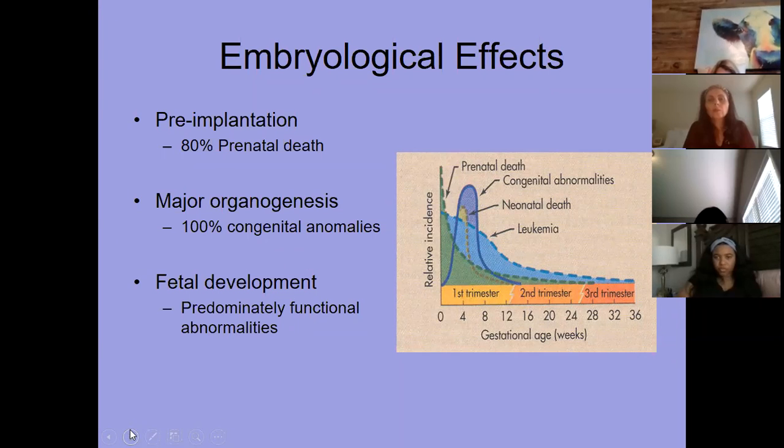Once you move from the embryonic stage into the fetal stage, which is basically the second and the third trimesters, you note that structural abnormalities fall drastically, and you would be predominantly looking at functional abnormalities, meaning basically decreased muscle coordination, decreased intelligence, those sorts of things.